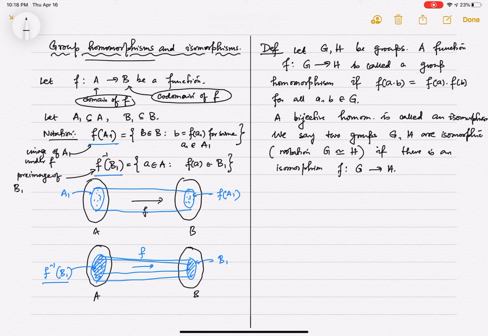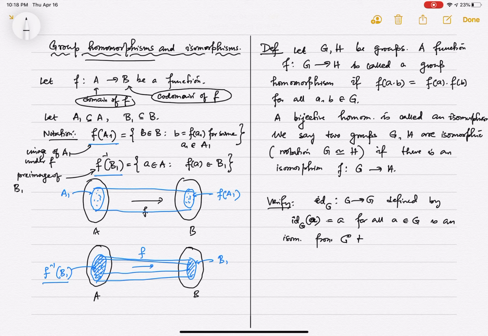The obvious examples are the identity function. So verify that the identity function of any group, this is the function defined by a goes to a, it's the lazy function, the function that doesn't do anything, just spits out the input for all a, is an isomorphism from G to G. You also verify that the composition of two homomorphisms is a homomorphism.